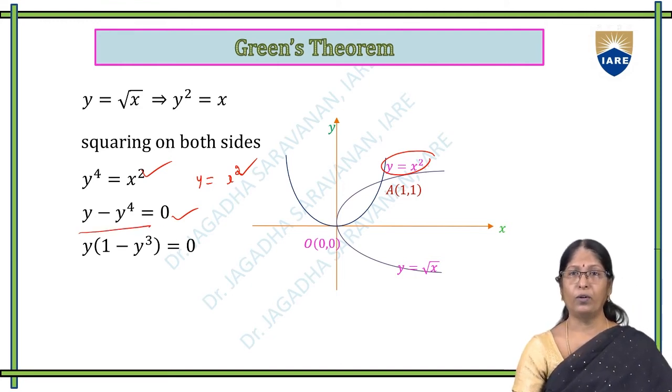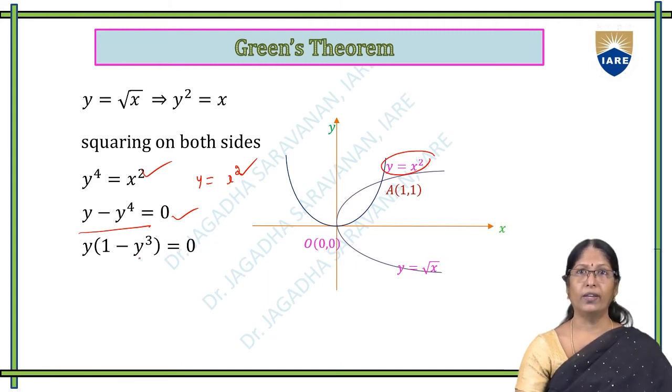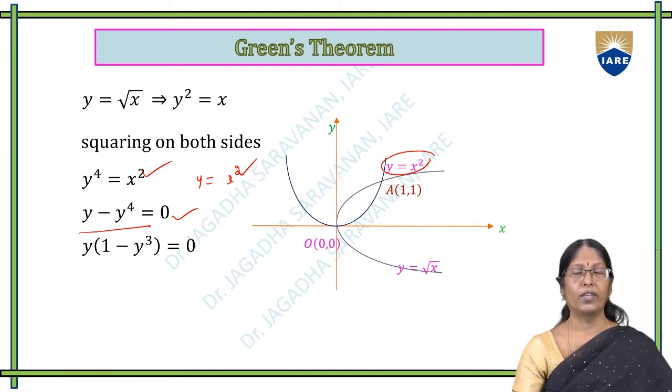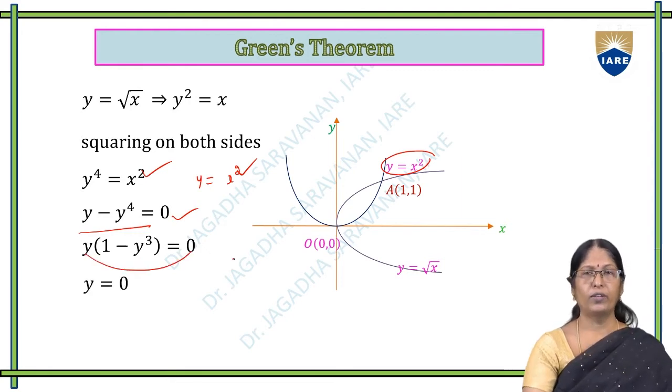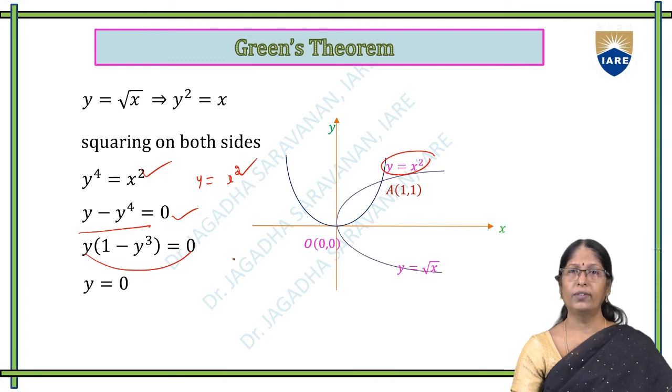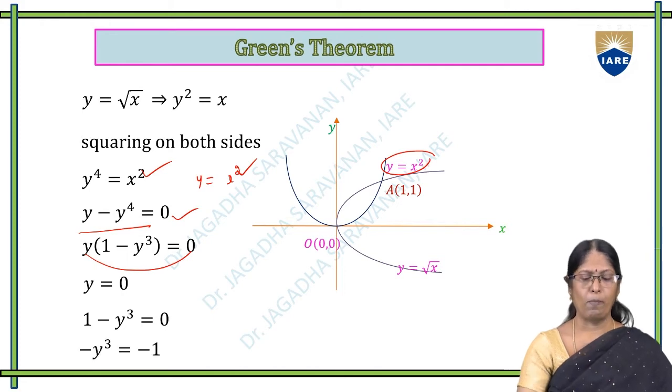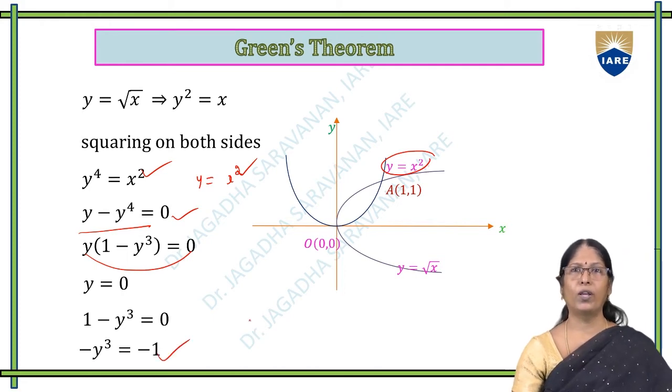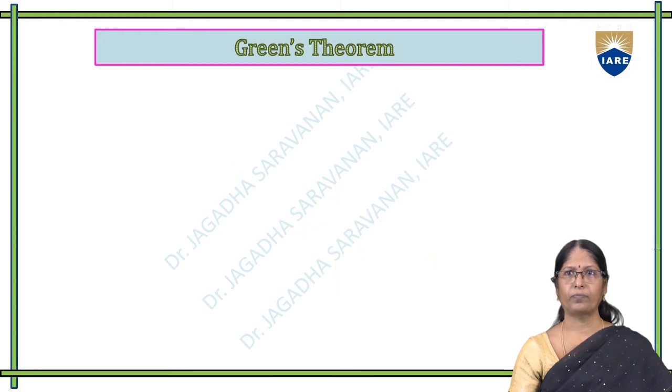So we have taken y outside. Then 1 minus y cube equal to 0. So y equal to 0. The next one is 1 minus y cube equal to 0, so minus y cube equal to minus 1.